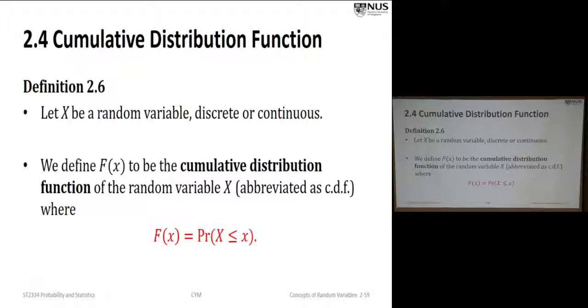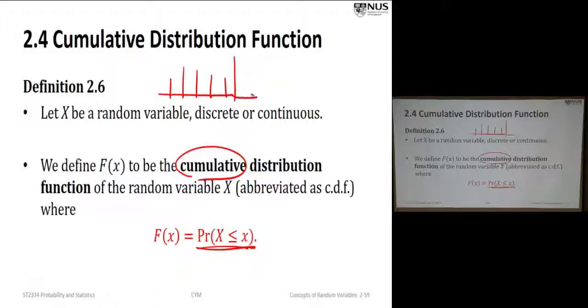Now the cumulative distribution function basically is this one. It is the cumulative probability. So what does it mean? For the discrete case, let me use this one. So this is x, this is f of x, and for x equal to this value, this is the probability.